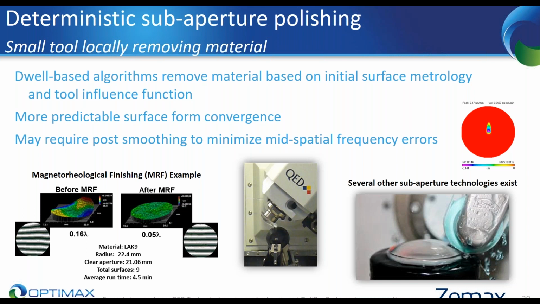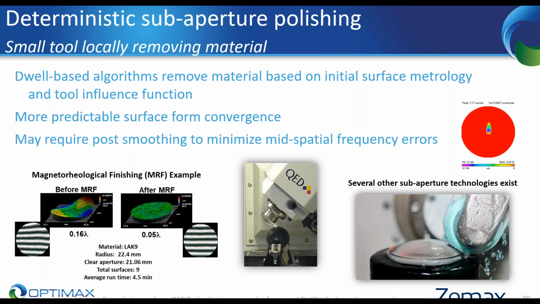And so as this polishing spot moves across the surface, when I talk about dwell-based algorithms, it means that the only thing we are adjusting is time. So we try to keep the removal function as constant as possible, and we are just telling that spot to either spend more time or less time on the surface depending on how much material we want to remove.